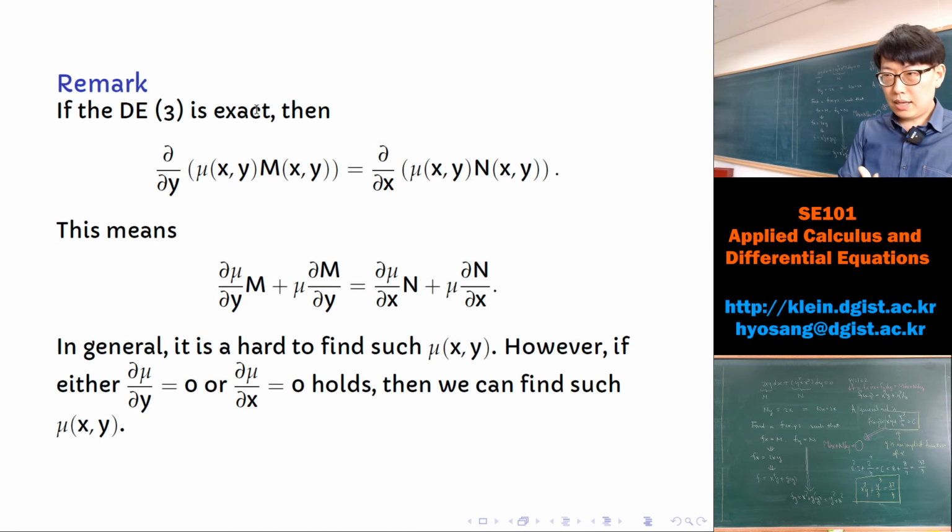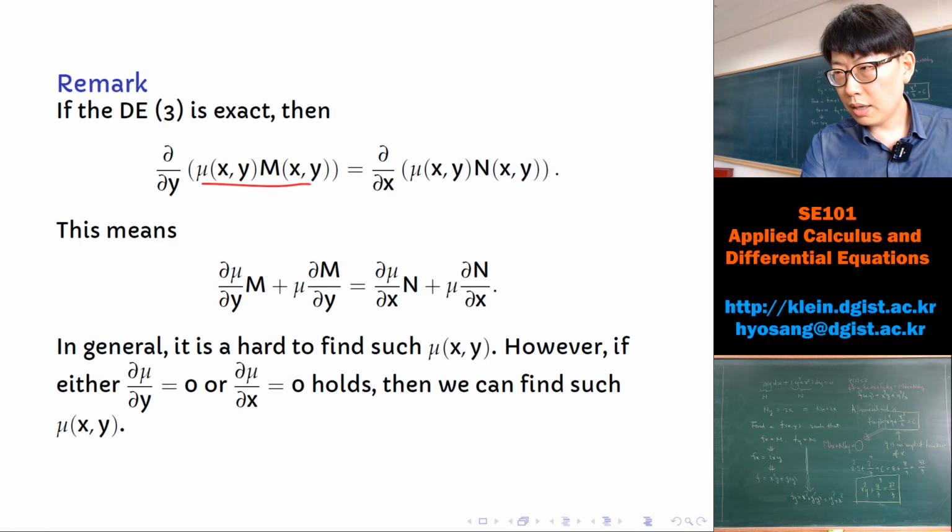So suppose that we have an exact differential equation by multiplying the integrating factor. So this part becomes our new M, so let's call it M prime, and this part becomes our new N, so let's call it N prime.